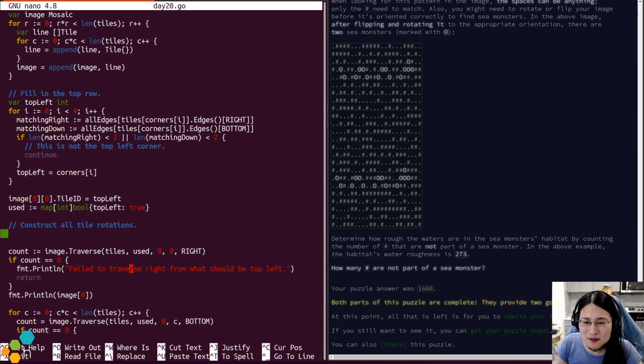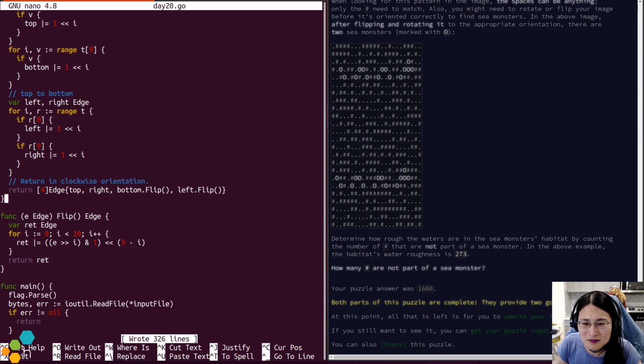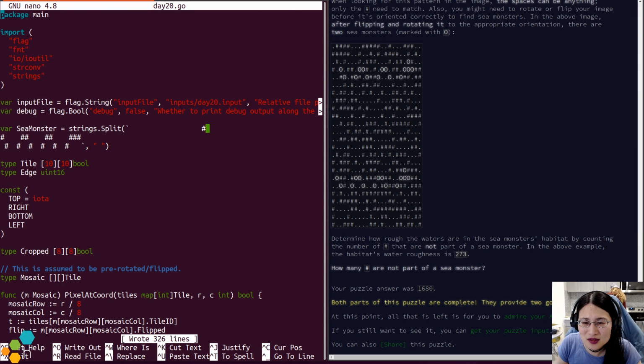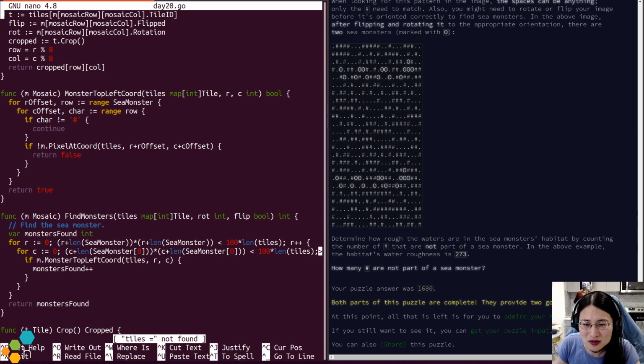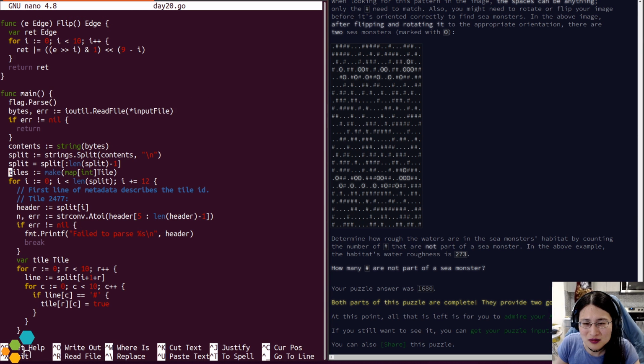Okay. So now, this can just map directly to the tile. So this is just going to be that, I think. That's correct. Yeah, it's a map from int to tile.